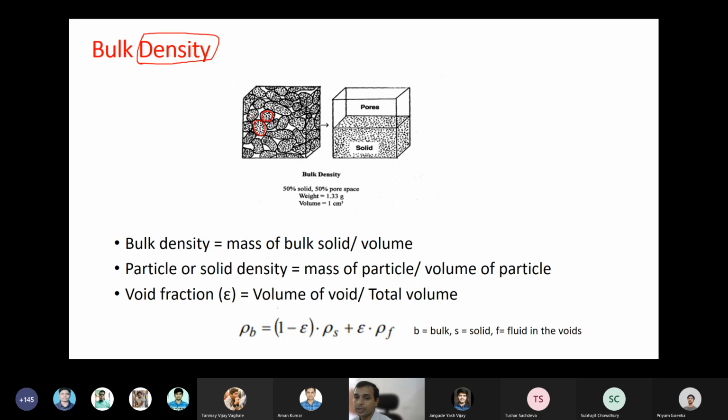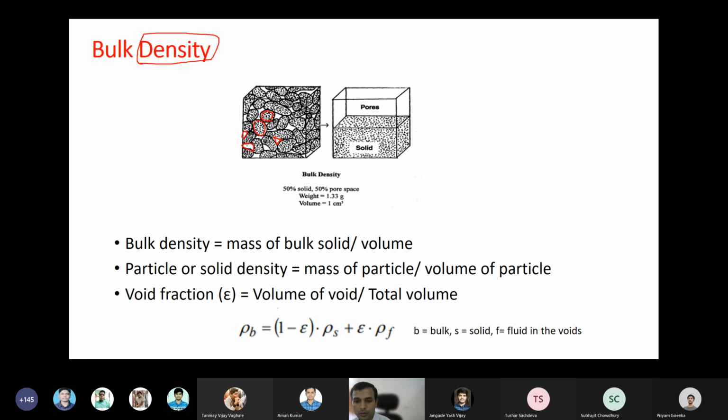And when you pack the solids, you will not see complete filling. There will always be void spaces because of the irregular shape. Even if you have a uniform shape, whenever you pack the particles, there will be free spaces between them. That is called voids.